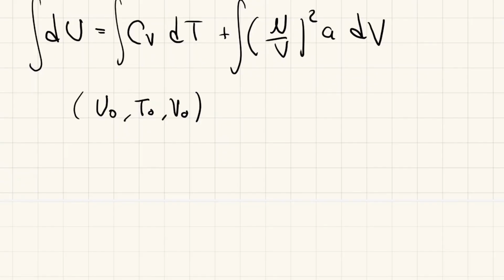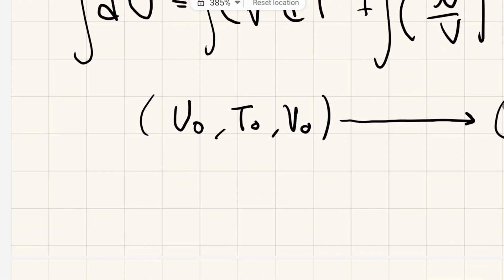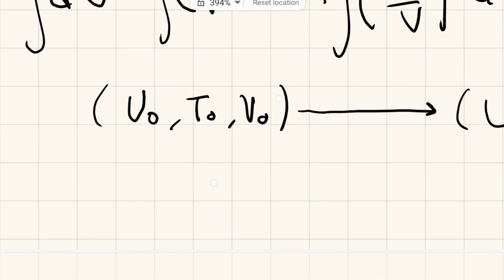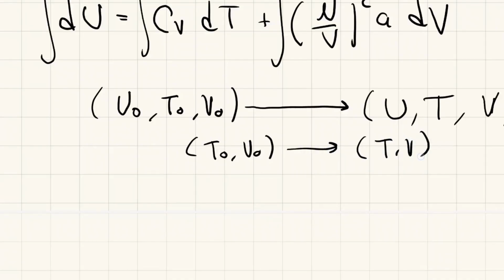This is like the initial state of the system, and then it evolves in time so that we get to the configuration where the system has an energy U, a temperature T, and a volume V, right? These three variables all match at the same time. And these other three also match at the same time. Actually, remember that the internal energy is a function of T and V. So in practice, we actually only need to specify two variables, T0 and V0, that evolves to T and V.